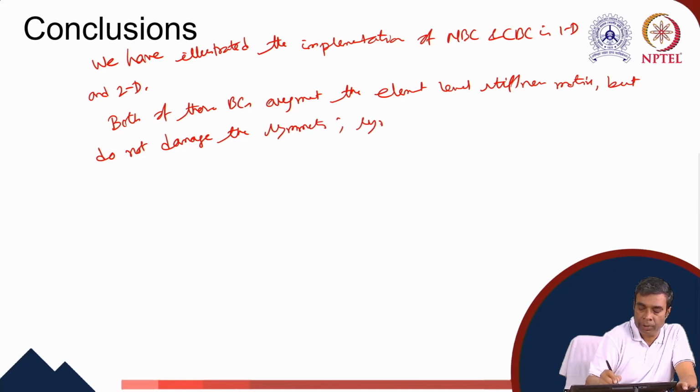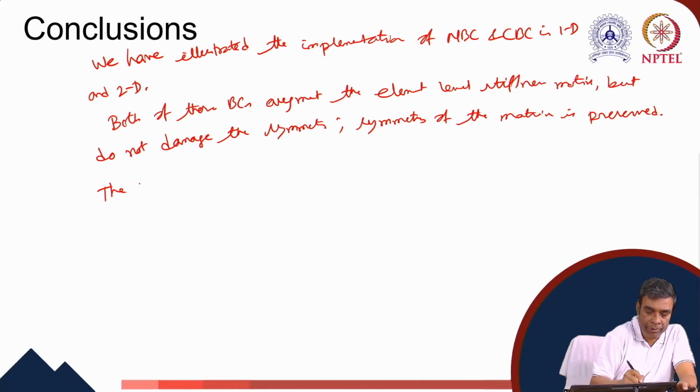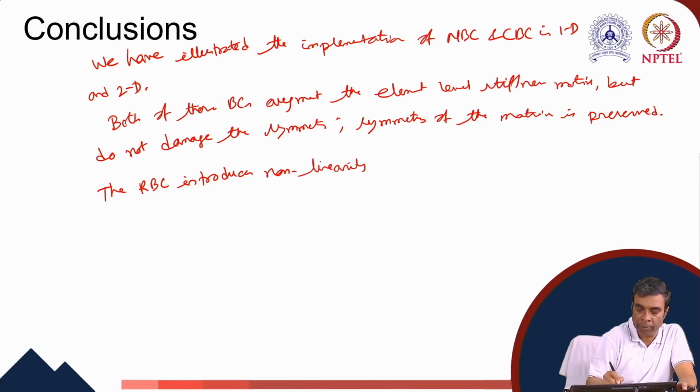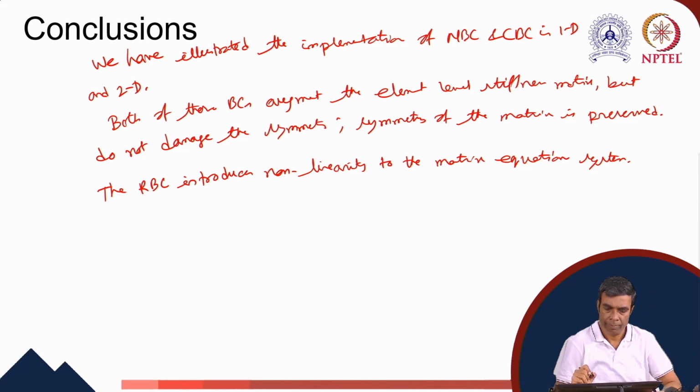So symmetry of the matrix is preserved. The RBC introduces nonlinearity to the matrix equation system. Here, this is certainly the radiative boundary condition. So this is RBC.